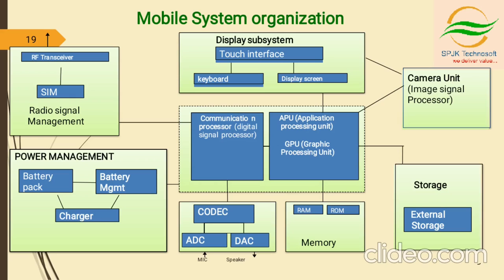Next, coming to the power management. In this power management, we have three parts: battery pack, battery management, and charger. Battery pack. Batteries are miracles of chemical engineering, holding huge amounts of energy to keep mobile devices running for hours. Next, coming to the battery management.